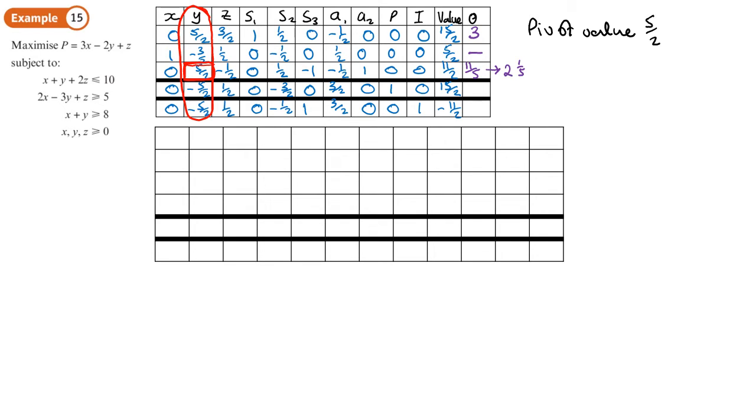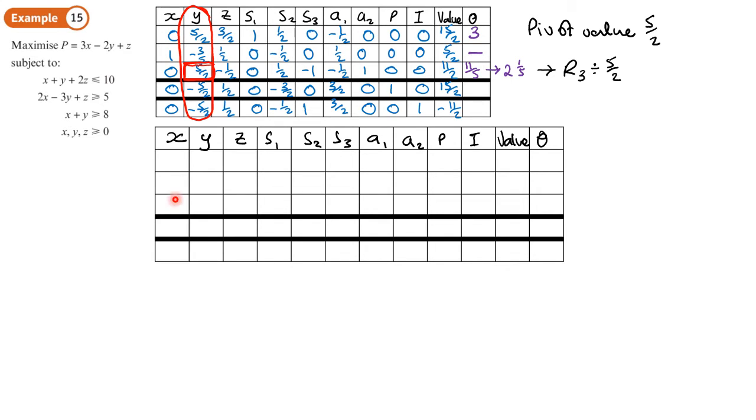5 over 2. So just as we normally do, we want to get this coefficient equal to 1, which means dividing this row. So we might write the row operation here. We're going to take this row 3 and divide it by 5 over 2. That's the same as timesing by 2 over 5.